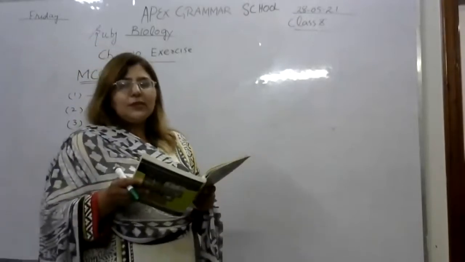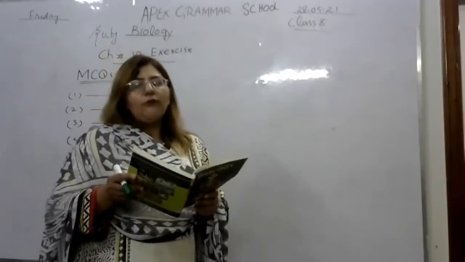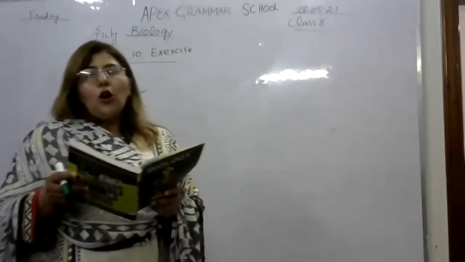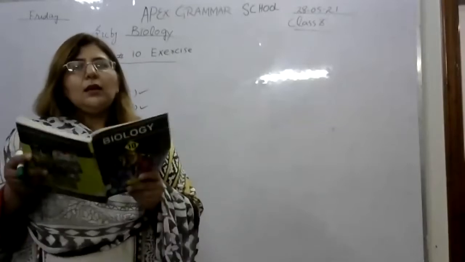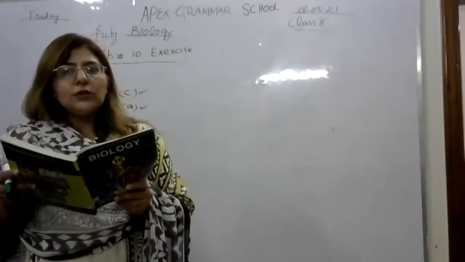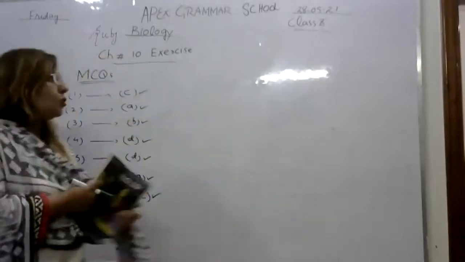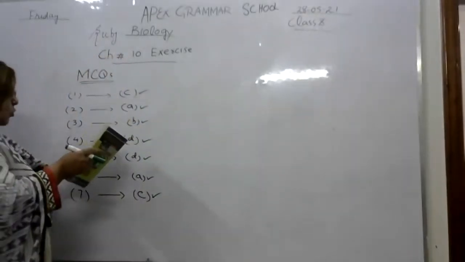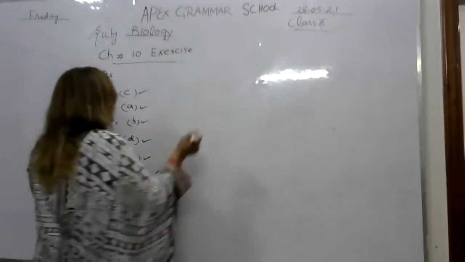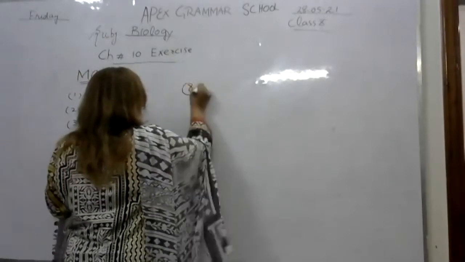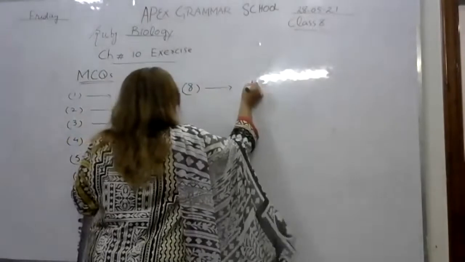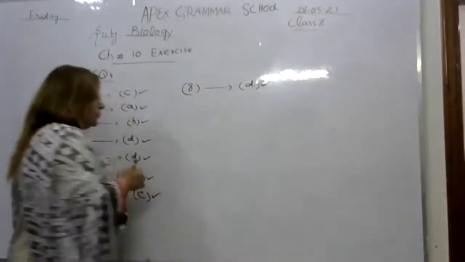Option D, emphysema, the destruction of the walls of alveoli, or in other words, the destruction of the walls of air sacs. Both are the same. That disease is called emphysema. So question number 8, the right answer is D.